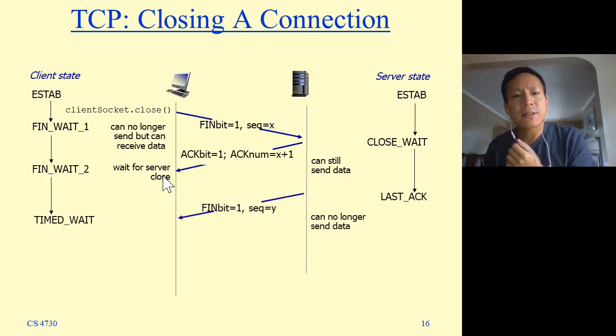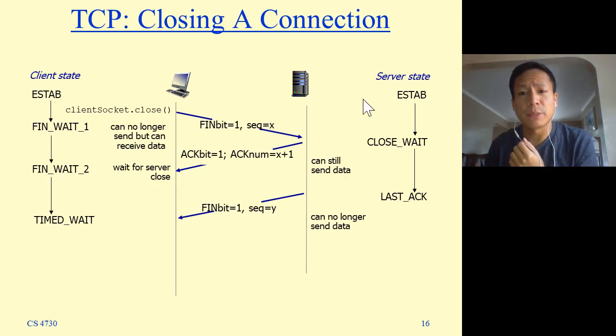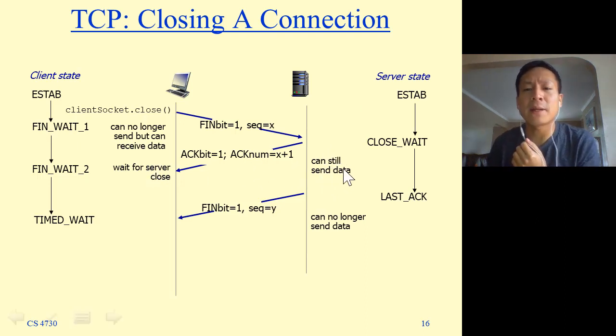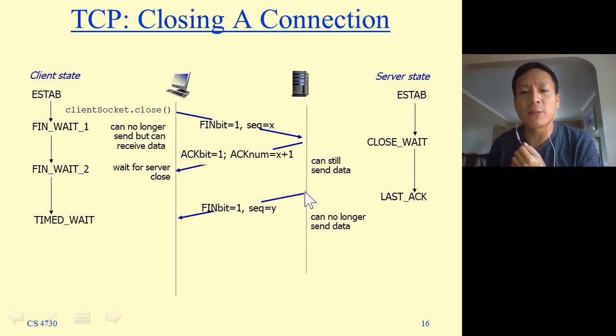So after some time, the server may still have data to transmit to the client, right? So it will get the remaining data transmitted to the client, and after it is done, the server side will send a FIN packet with the FIN bit set to 1, which means, okay, I'm also done transmitting any data from the server to the client.